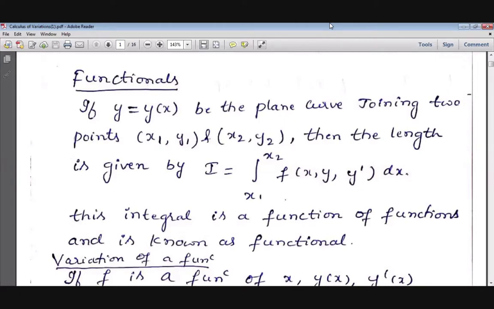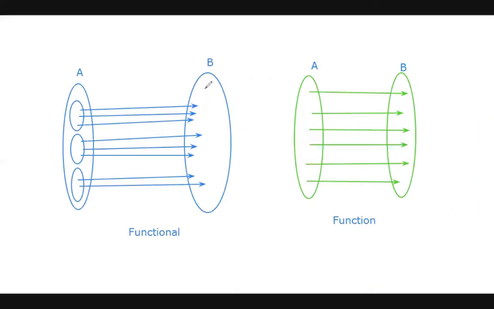In set B, there won't be sets inside that function. Understood what I told? I will show again. Here it won't be there. Here the sets won't be there inside this. Only here. Here the values will come.